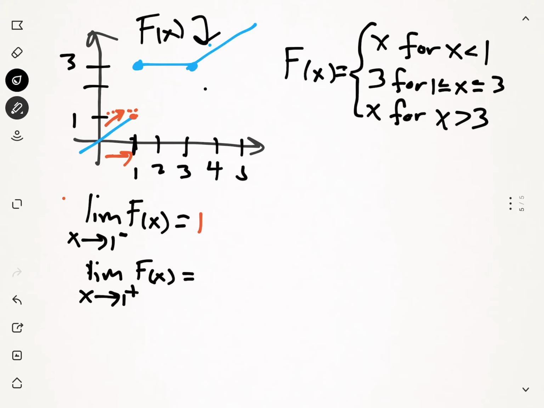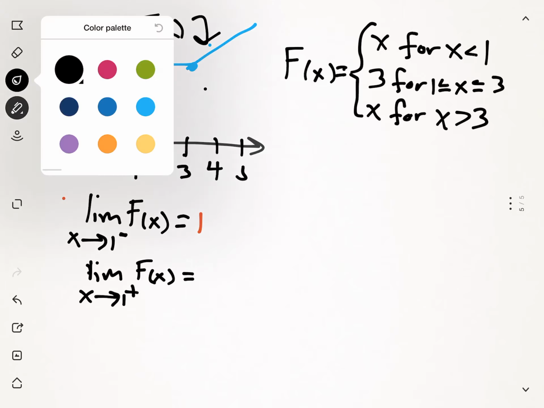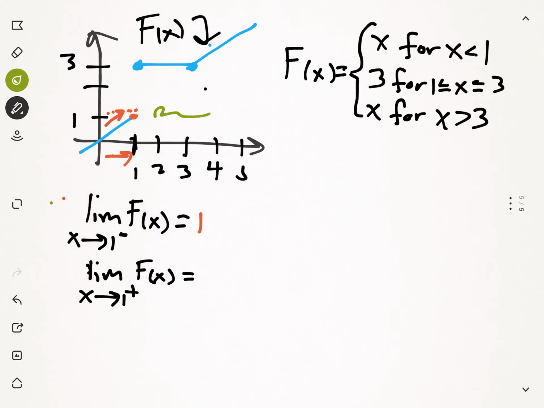Look right here, there's nothing around in this area, so that area is out.